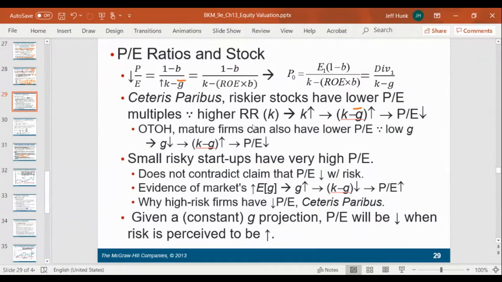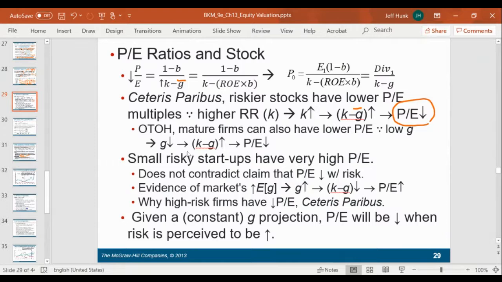Risky stocks would have a price earnings ratio that would go down if that's the case, right? On the other hand, mature firms can also have a lower price earnings ratio, because mature firms have low growth rates, right?